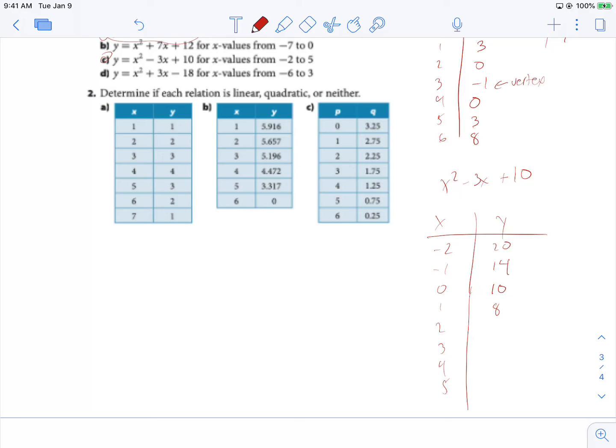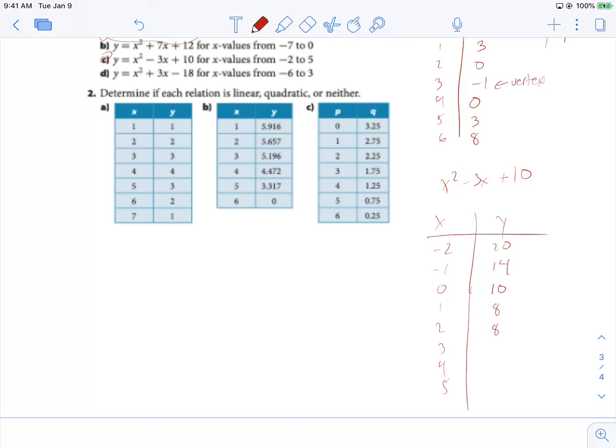4 minus 6 plus 10. 4 minus 6 is negative 2. I've got to do that on my calculator, I'm losing my mind. 4 minus 3 times 2 plus 10 is 8.